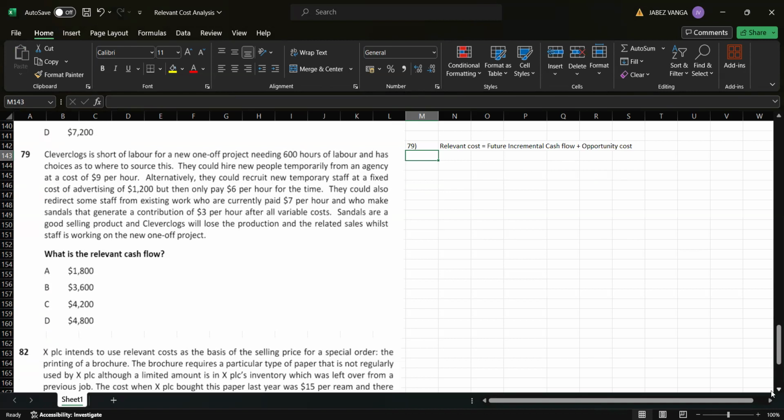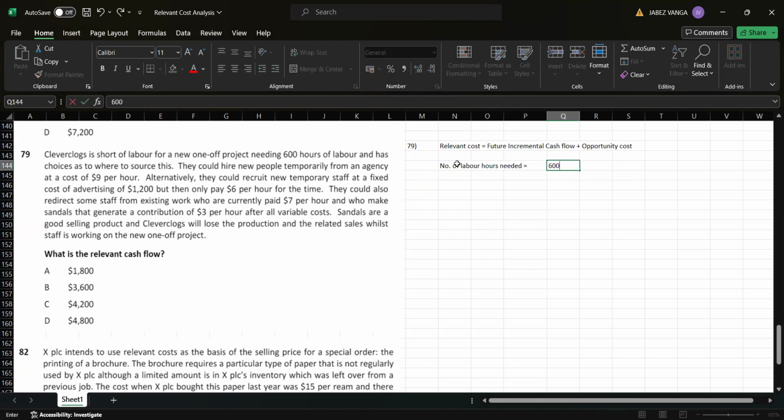Relevant cost is equal to future incremental cash flow plus opportunity cost. Three alternatives as mentioned. Let's write all the details first. Number of labor hours needed on this one-off project is equal to 600 hours.